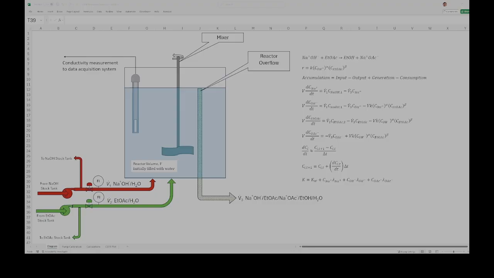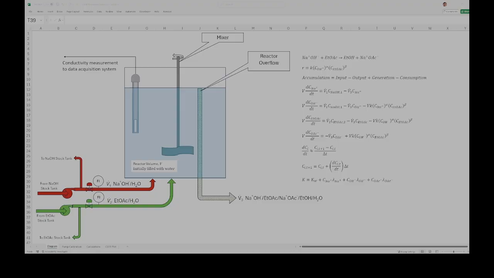Our reaction rate is a function of a rate constant k. We're going to have a hydroxide ion concentration raised to the alpha power, and the ethyl acetate concentration raised to the beta power. And we are to determine these three values using the batch reaction that we've done previously.